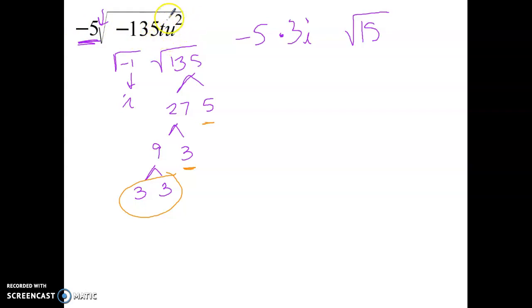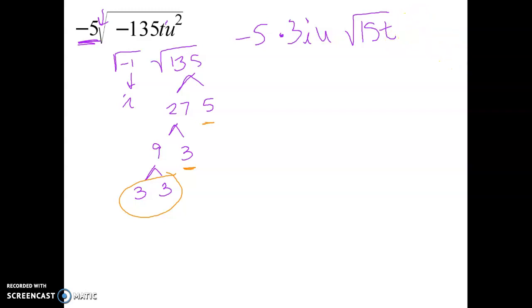All right, what is the exponent on that t that's right there? Right, it's that understood exponent of 1. So dividing by 2, 2 goes into 1 0 times, which means no t right here. I have a t right there. 2 goes into 2 one time with none left over, so I have no u right there.